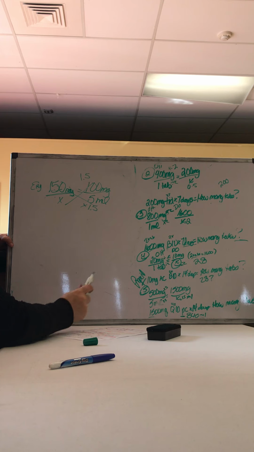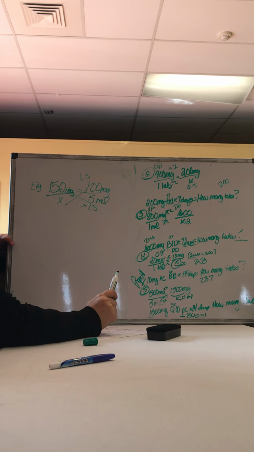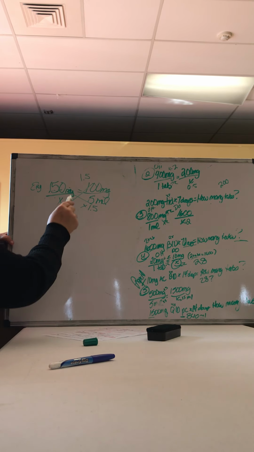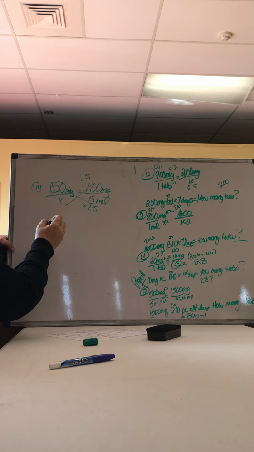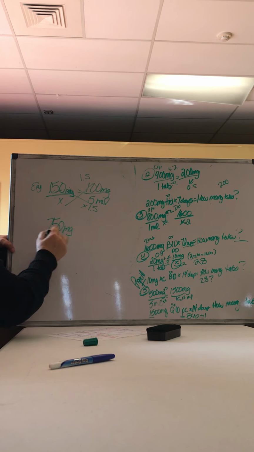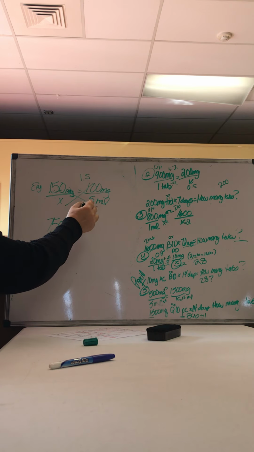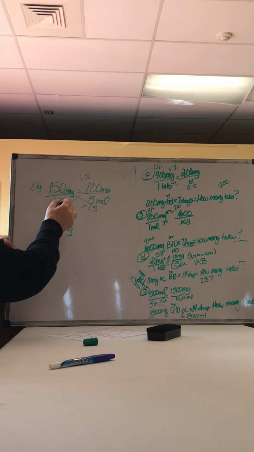If not, that's fine. Then we have to go 150 times 5, which is what? 750. And that's that multiplied, then 100 times x.